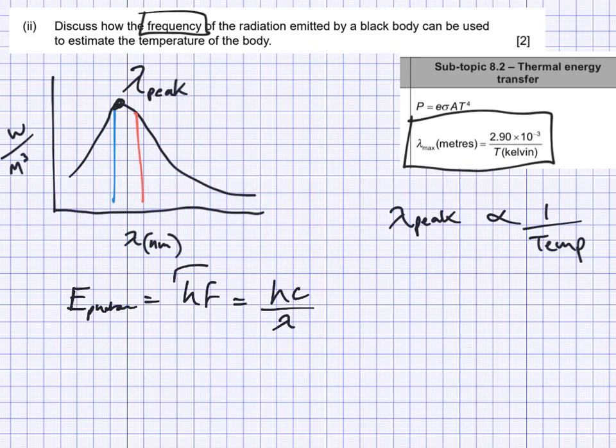So if we look at the relationship between frequency and wavelength, they're inversely related. So if we've said that the wavelength is proportional to 1 over the temperature, we can say that the frequency is proportional to the temperature.